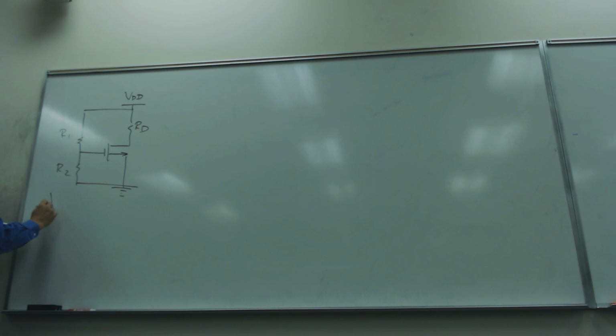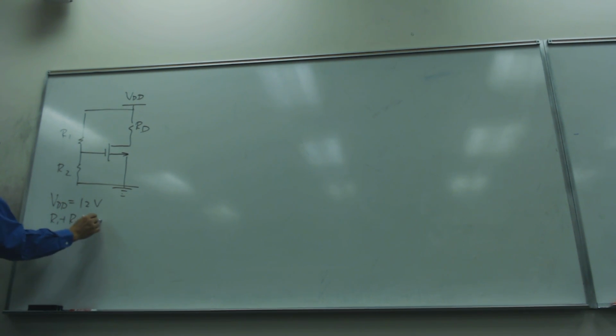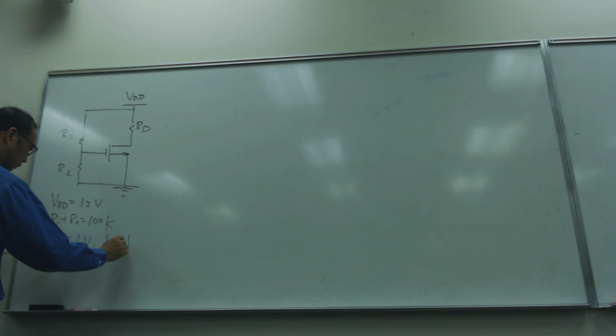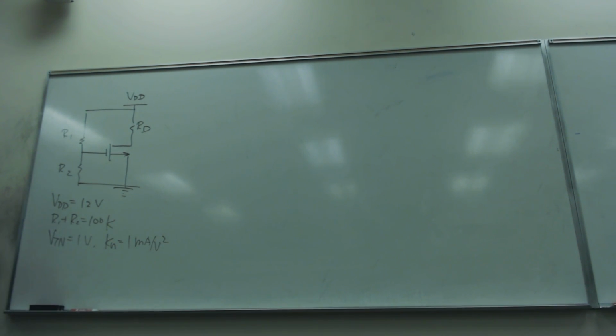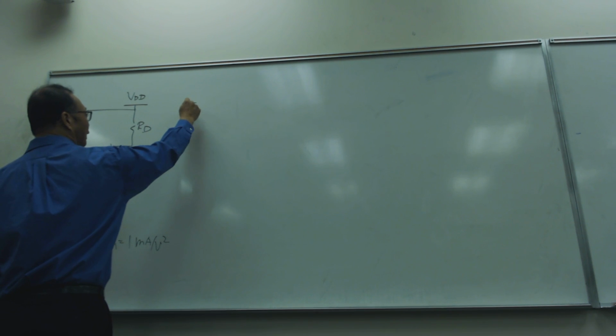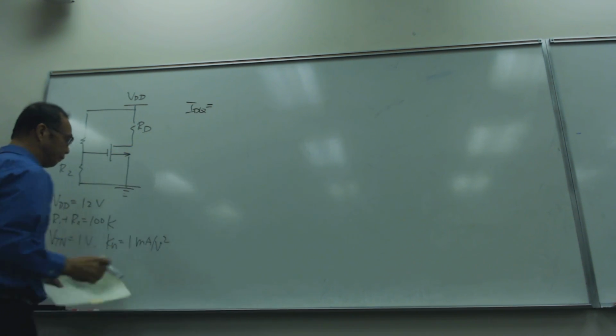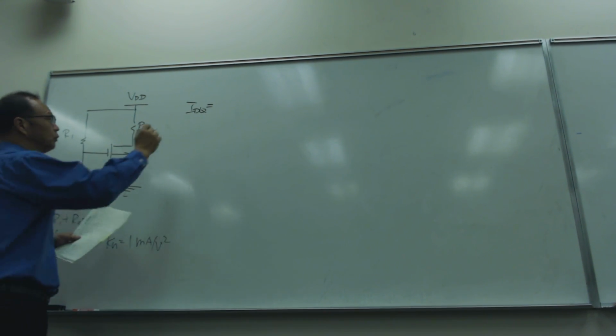Alright, so VDD is 12 volts, R1 plus R2 equals 100K. VTN is 1 volt, Kn is 1 milliamp per volt squared. Alright, IDQ is given. It's 2 milliamp.